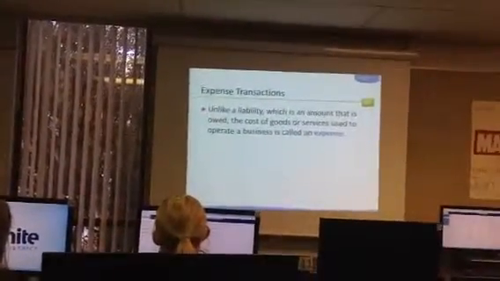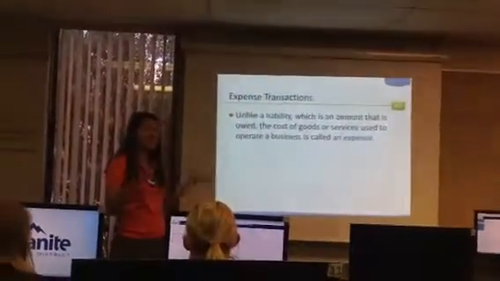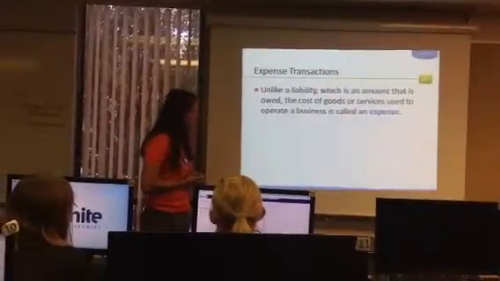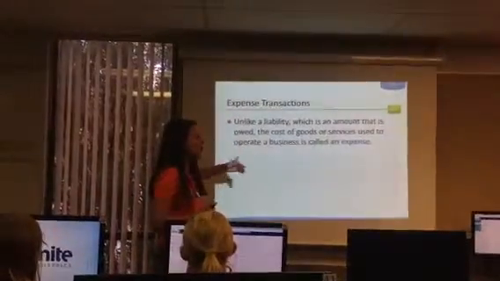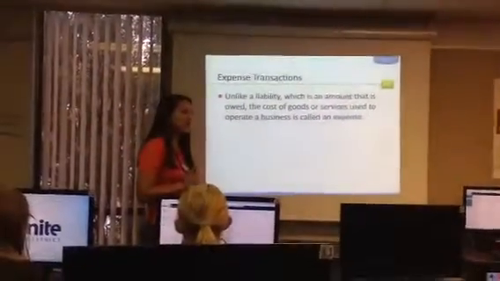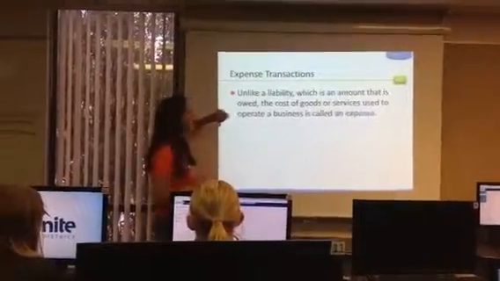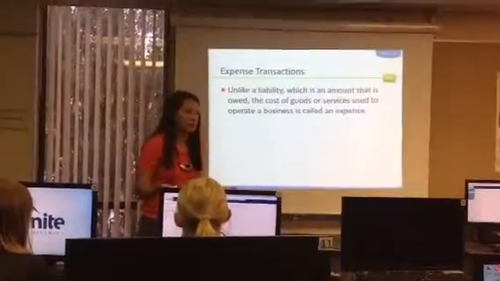Now, we talked about expenses as well. Expenses are typically a negative, right? But we don't owe expenses, do we? No. It's basically what we have to do in order to operate the business.